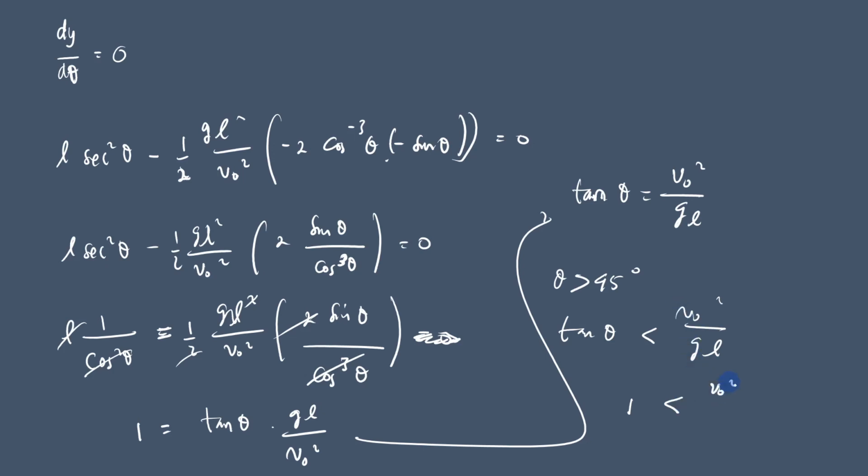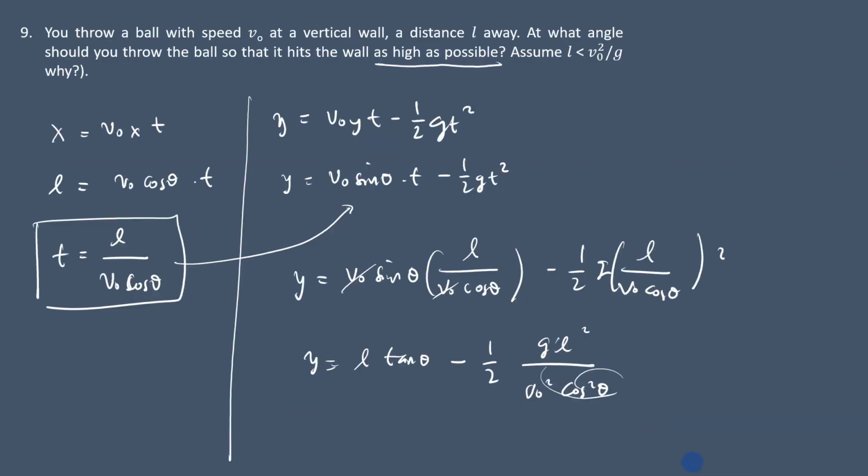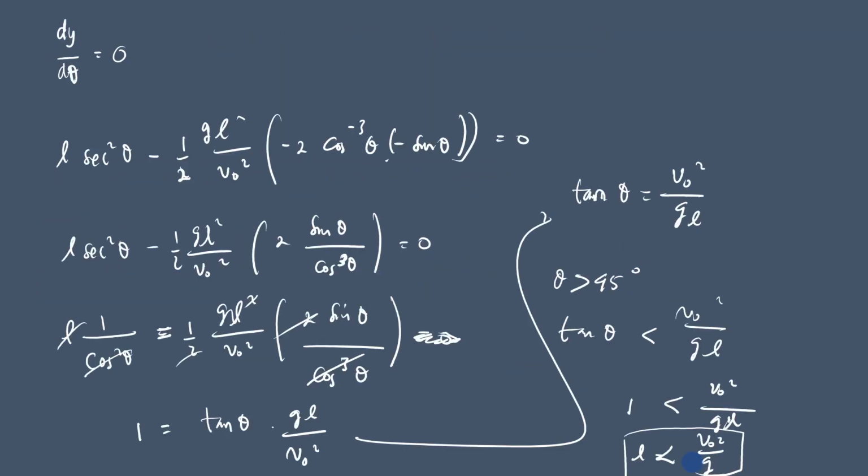So V0² over g L, and we get L less than V0² divided by g. This is the value of L, and we have the value of L like that.